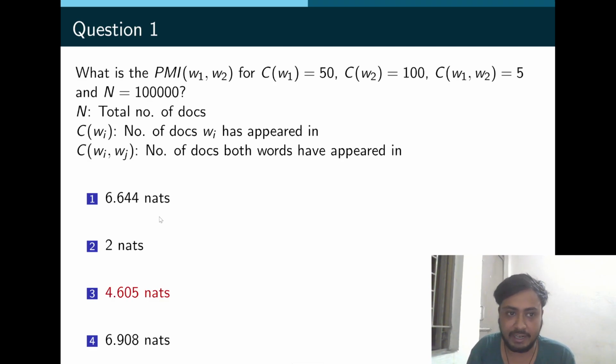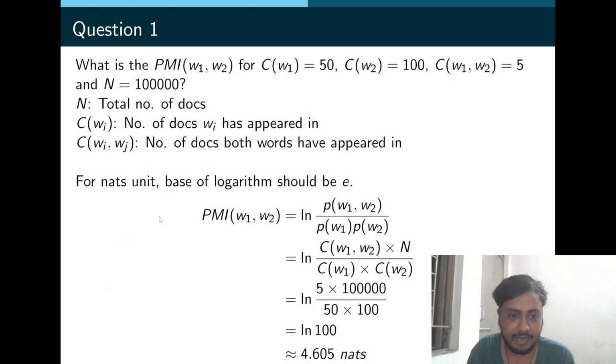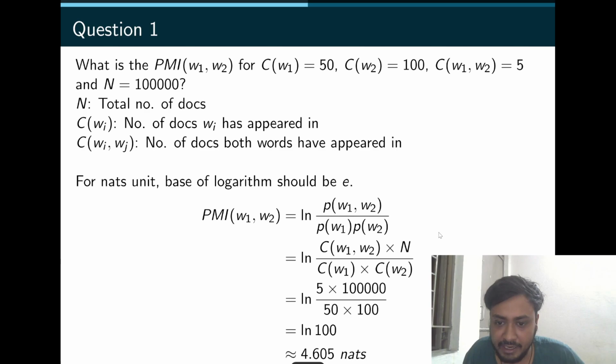So the formula is correct. The answer comes to 4.605. The main idea of this question is the NATS unit: for NATS, the calculation is done in log base e, or ln, the natural logarithm. As somebody said, the formula starts with the probability of W1 W2 divided by P(W1) into P(W2). When you expand the probability into count divided by N, the remaining N comes to the numerator, and this is what you get inside.